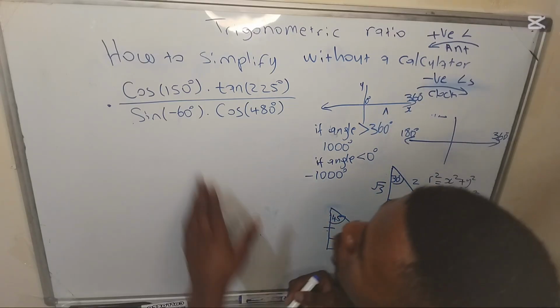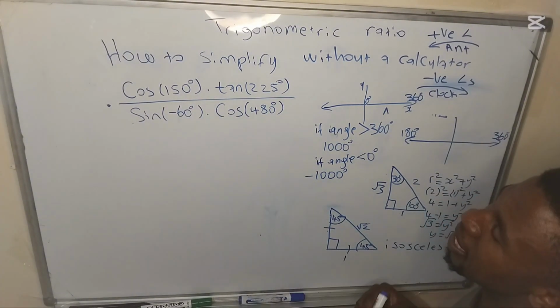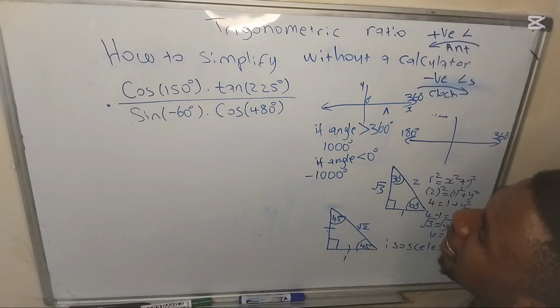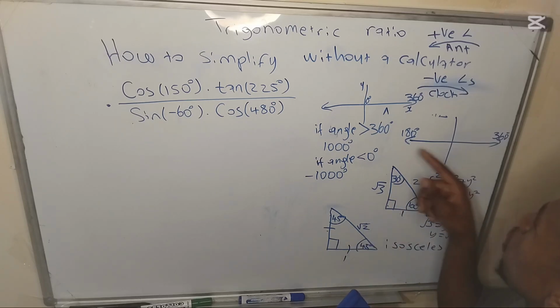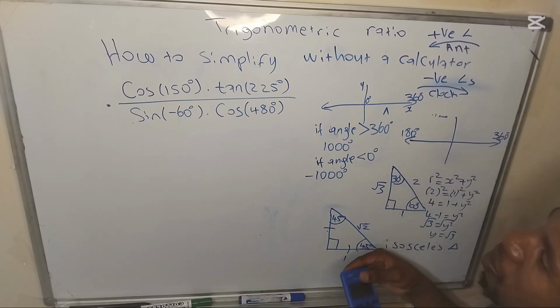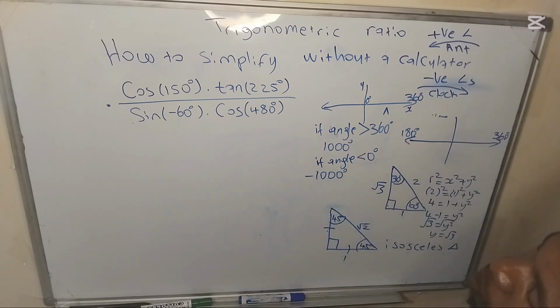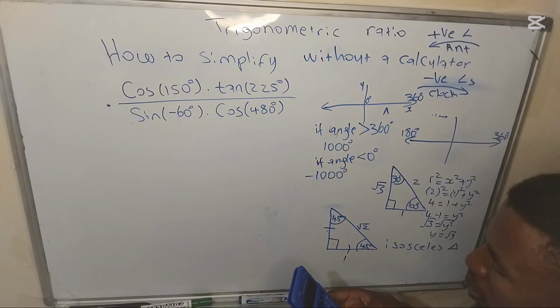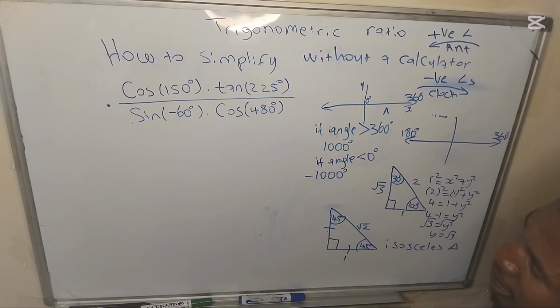So let's move on. We have cos 150 degrees. This cos 150 degrees can be simplified using what? Let's use our 180 degrees to simplify that. 180 degrees minus 150 degrees is equal to 30 degrees.